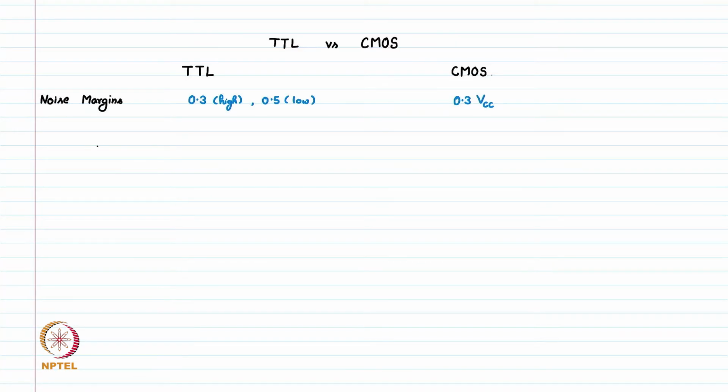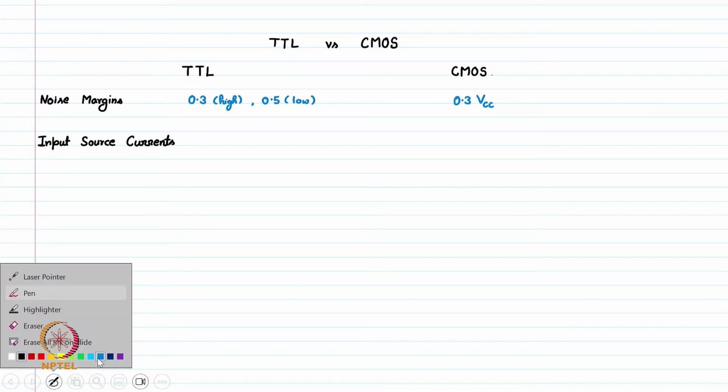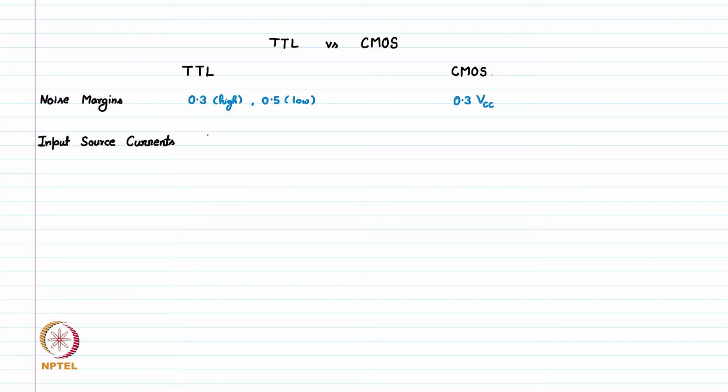Next, we have input source current. In TTL, it is relatively high in both the cases.